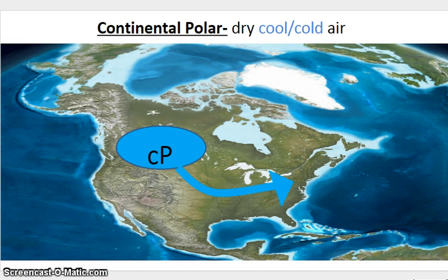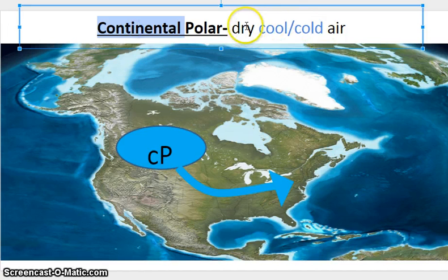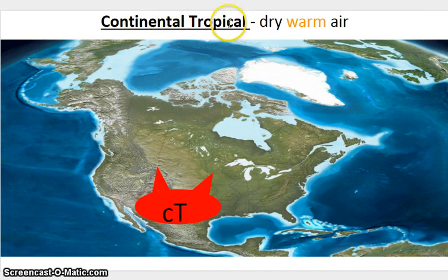So continental polar, continental means that it's dry air, and polar means that it's cool or cold air, so these air masses are cool and dry. Continental tropical air, continental meaning it forms over the land, tropical meaning it's warm, so this is dry and warm air, right?